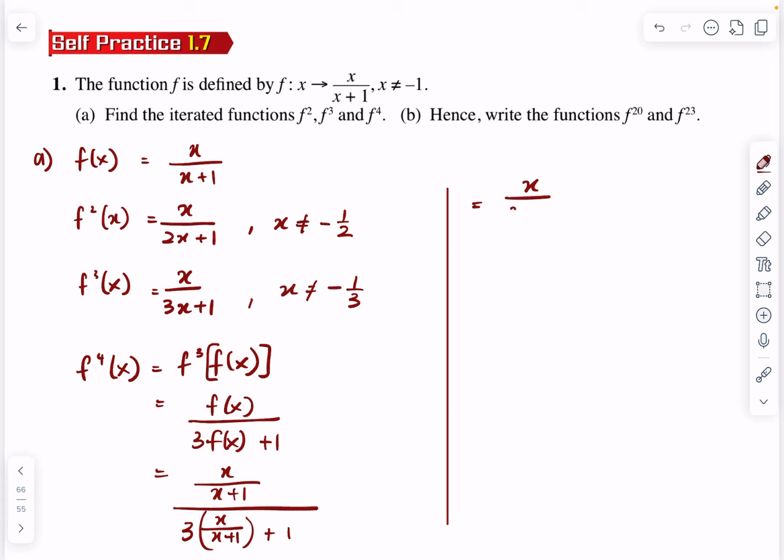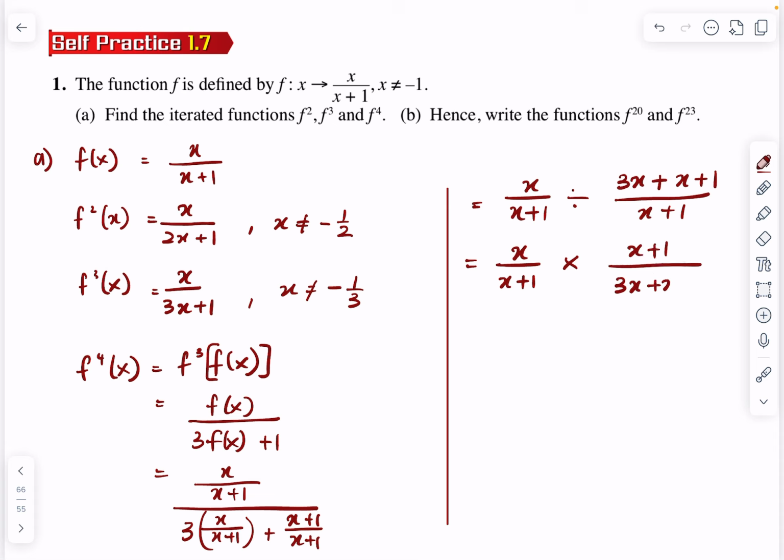So this gives us x over x plus 1 divided by, this one also we change to x plus 1 over x plus 1. So this will give us 3x plus x plus 1 over x plus 1. Then divide becomes times, and then you flip this, giving us x over 4x plus 1. Not exactly the same, but almost the same.